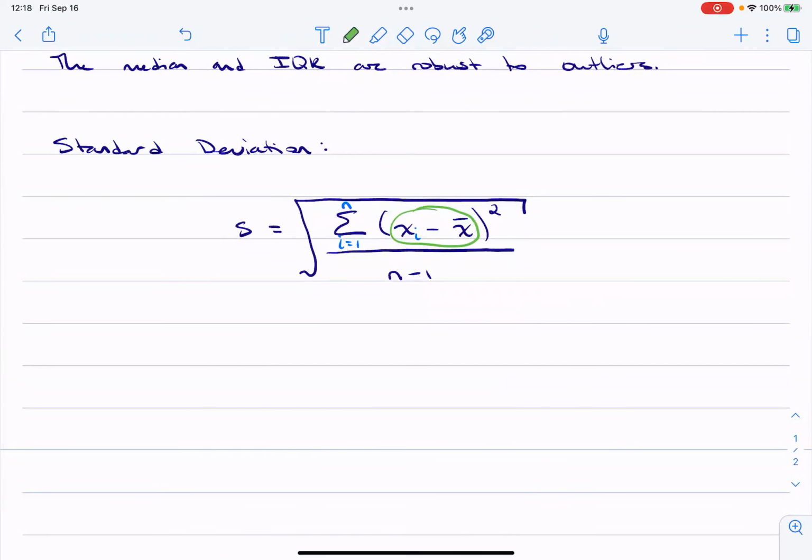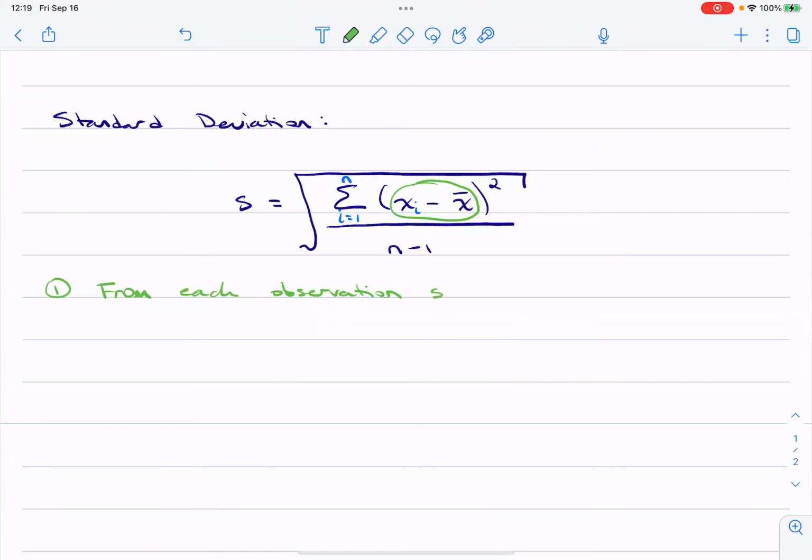So I'll call this step 1. From each observation, subtract the mean. I guess there was a step 0, find the mean, but let's assume that you have that already.